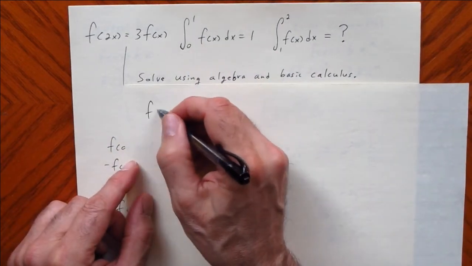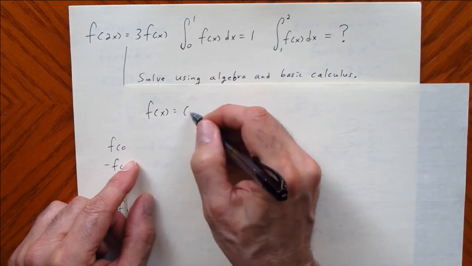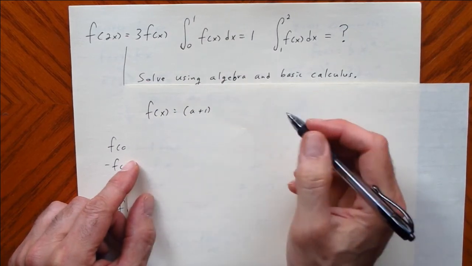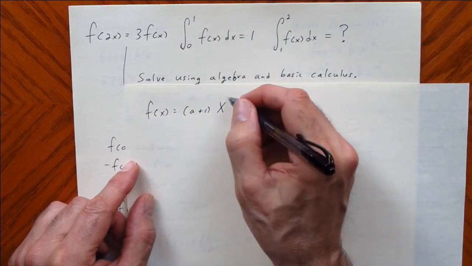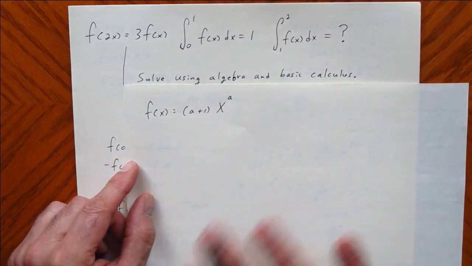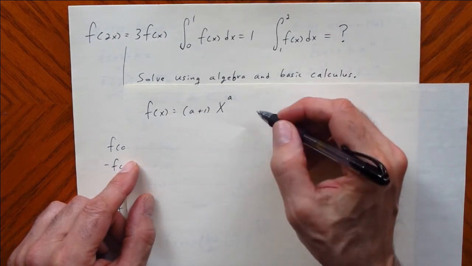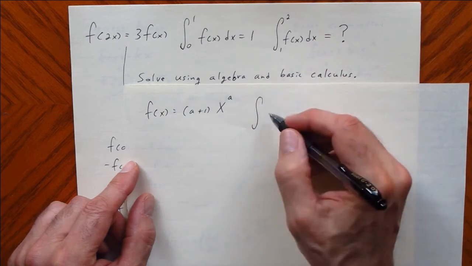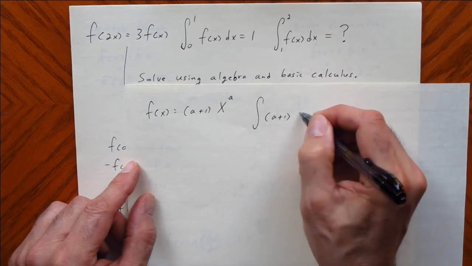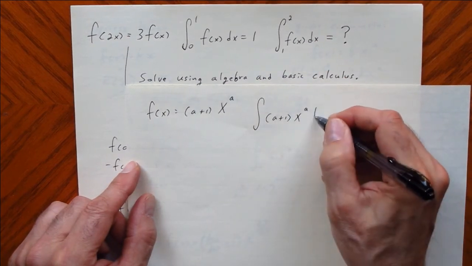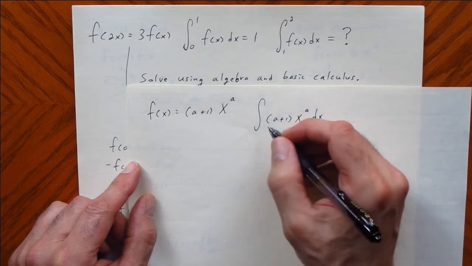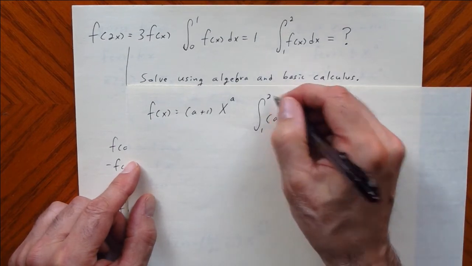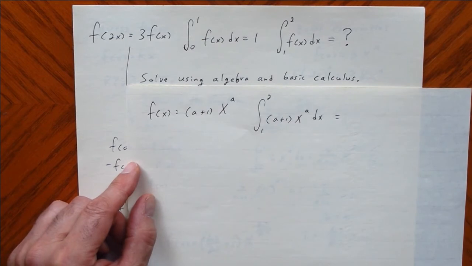So, f of x for our purposes is a plus 1 times x to the a. That's what we're going to call it. Now we want the integral of this function, a plus 1 times x to the a dx, as measured from 1 to 2. And that's what we're going to find out.